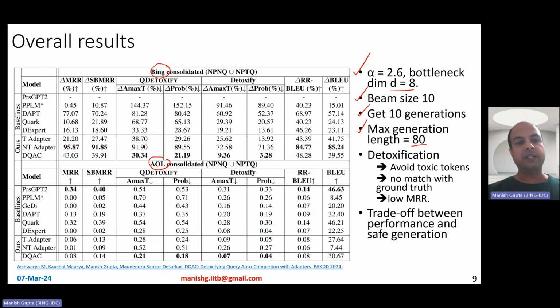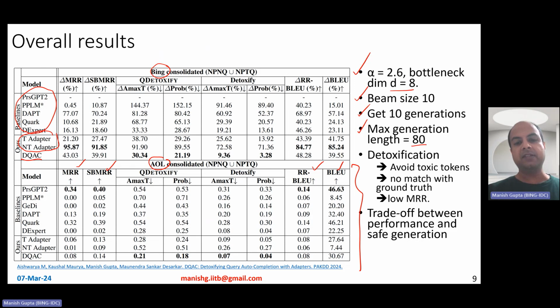Now, let's look at the results. We compare against several baselines, and we also compare against two of our own ablation methods, and DQAC is our full method. Now, the comparison is done over, let's look at the lower one first, MRR, SBMRR, and RR, Blue and Blue RR. Those are quality metrics from a generation perspective.